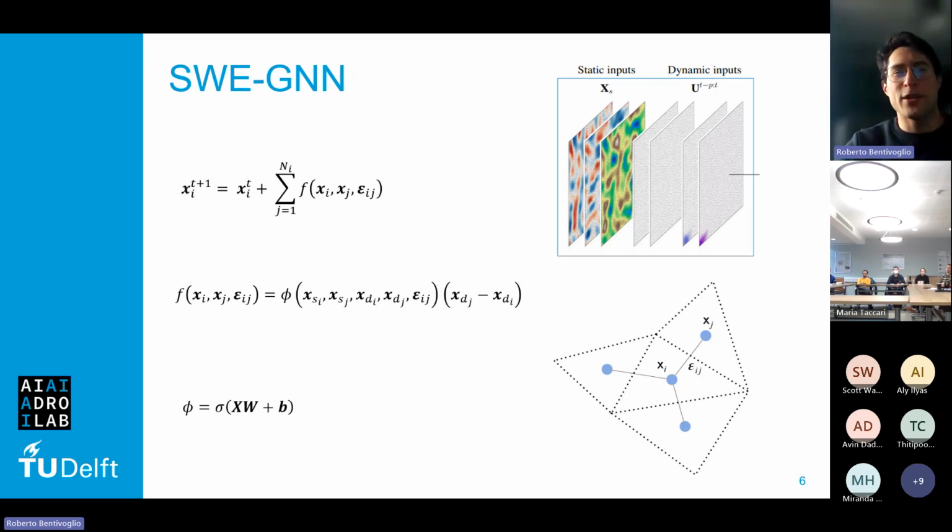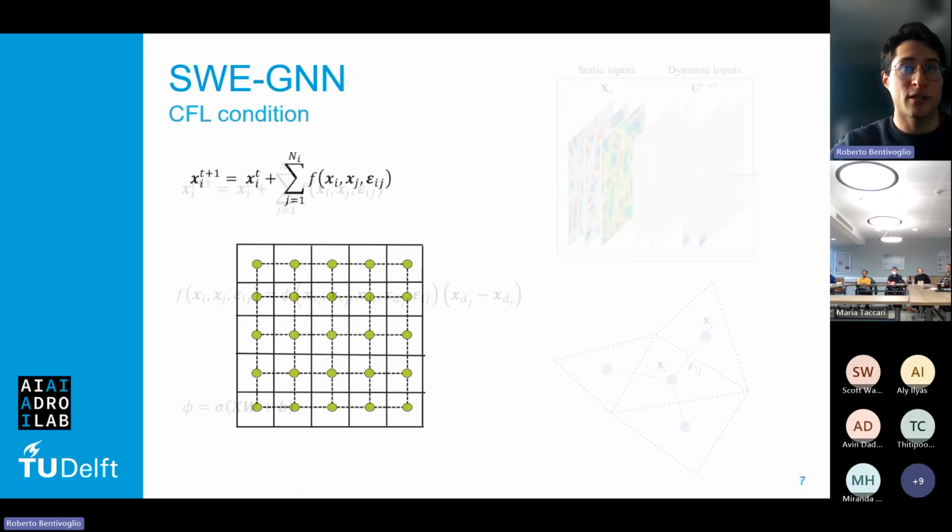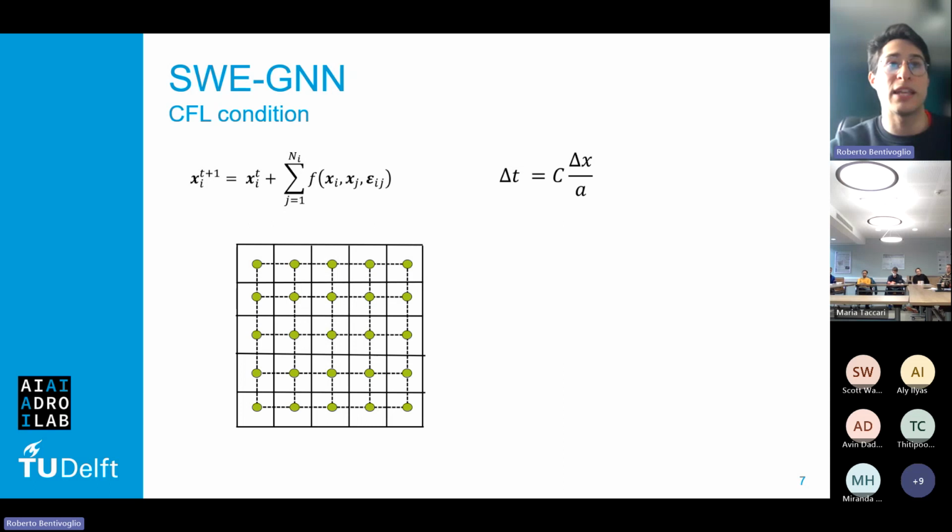Now, I mentioned before that this function f should work for any time step. By the way, if you have questions, please just interrupt me, no problem. So what this function f does is approximate the fluxes, right? But in numerical methods, we use a small time step because of this CFL condition, which guarantees numerical stability.